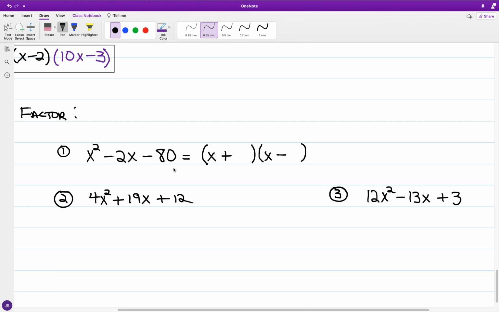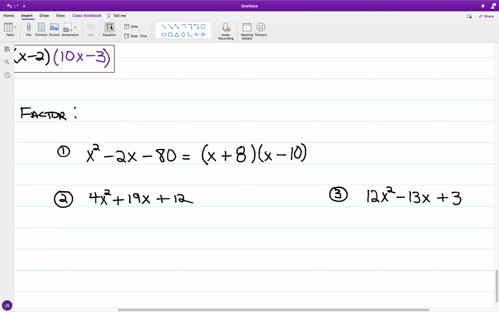So we have factors of negative 80 whose difference will be negative 2. We're going to have x plus 8 on the plus side, and on the side of subtraction, x minus 10. Again, we have x squared, negative 10x plus 8x becomes negative 2x, and 8 times negative 10 becomes negative 80.